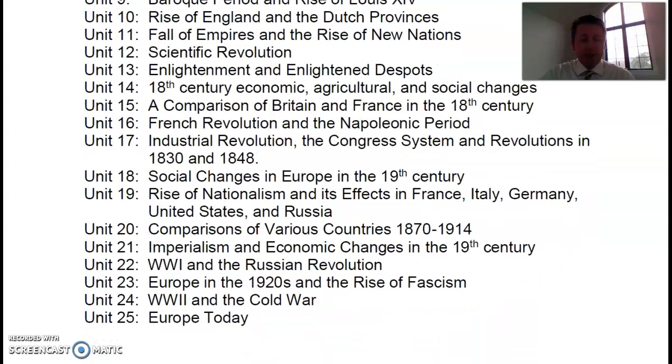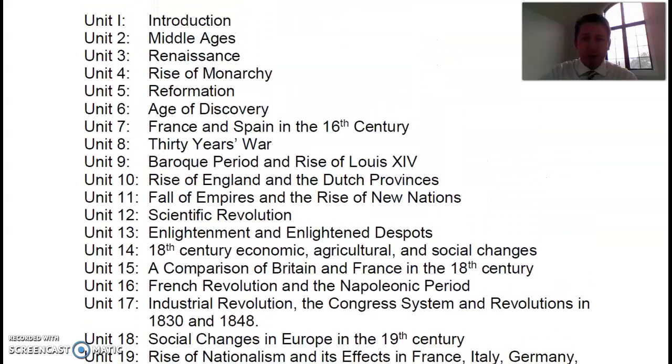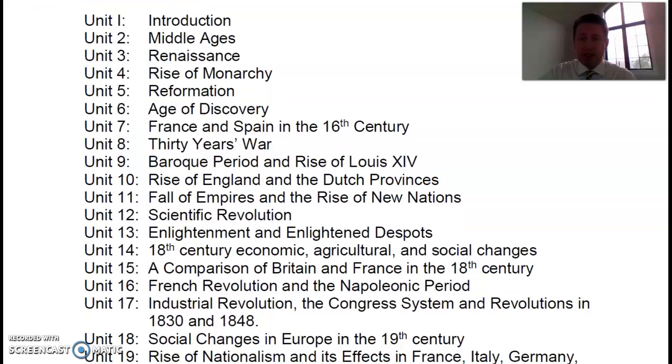As I mentioned, we try to finish up with the World Wars and Cold War and reserve the final unit for what we'll call Europe today, which is always dependent upon time. That being said, we certainly want to make sure that we cover all of these core concepts in as much detail as we can, seeing that we are ultimately trying to prepare students here for the AP test, which I'll speak more about in a second.